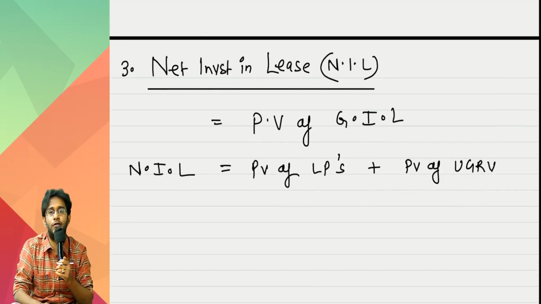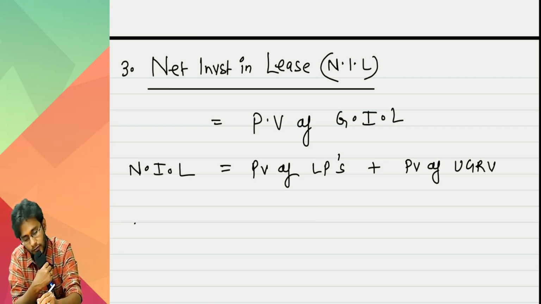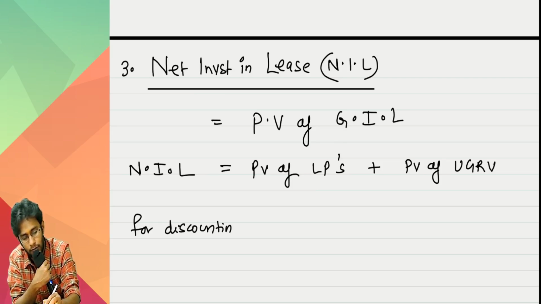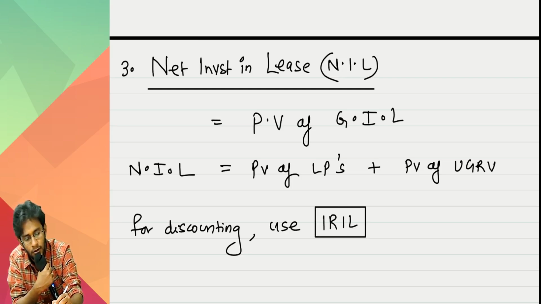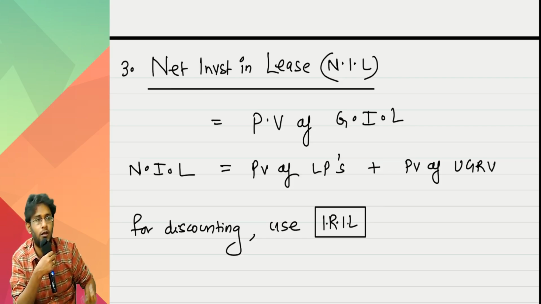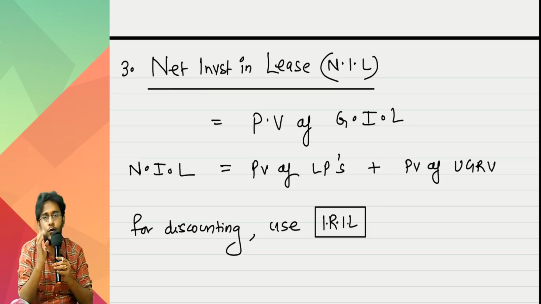Sir, for present value, which discounting rate should I use? For discounting, use IRIL only. Observe closely. I have a question now.